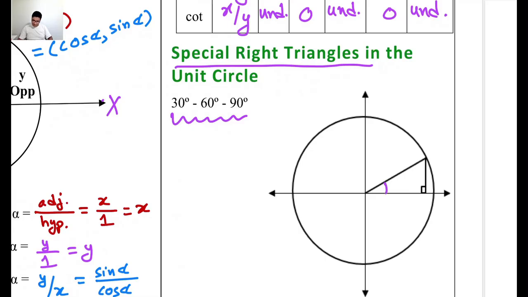So this is 30 degrees. And I'm interested in knowing what the coordinates are here, right? At 0 degrees, we know it is 1, 0. At 90 degrees, we know it is 0, 1. What is it in between when the angle is 30 degrees?